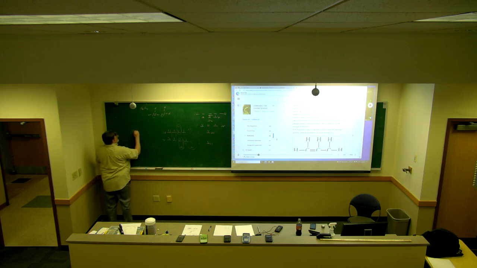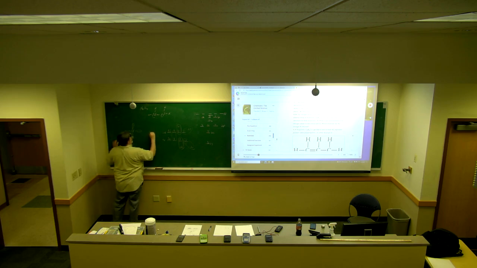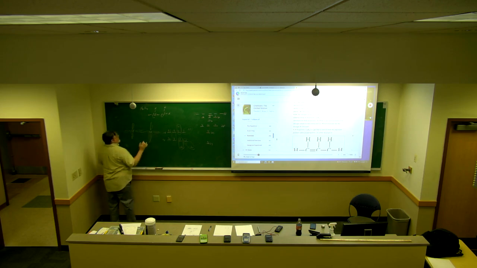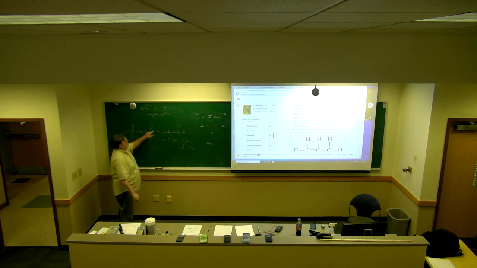N. I won't try to draw the tetrahedral shape. But there's no pi bonds here, and you can tell that immediately by looking at this. There's no double or triple bonds, so there's no pi bonds.